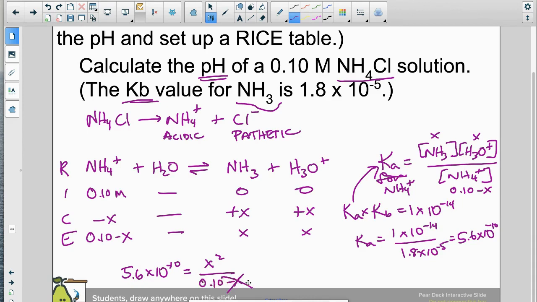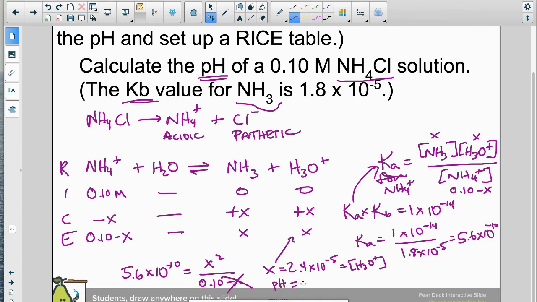We can certainly neglect x here and solve for x. So in this case, x would equal 2.4 times 10 to the minus 5. So our pH will be the minus log, and remember that that's equal to the H3O+ concentration.